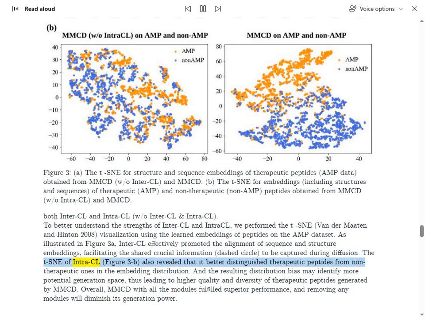The T-SNE of intraCL, Figure 3b, also revealed that it better distinguished therapeutic peptides from non-therapeutic ones in the embedding distribution. And the resulting distribution bias may identify more potential generation space, thus leading to higher quality and diversity of therapeutic peptides generated by MMCD. Overall, MMCD with all the modules achieved superior performance, and removing any module will diminish its generation power.